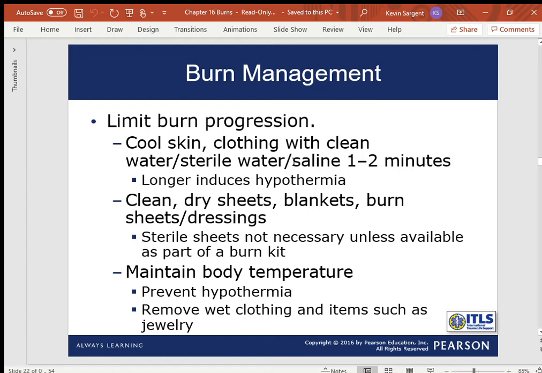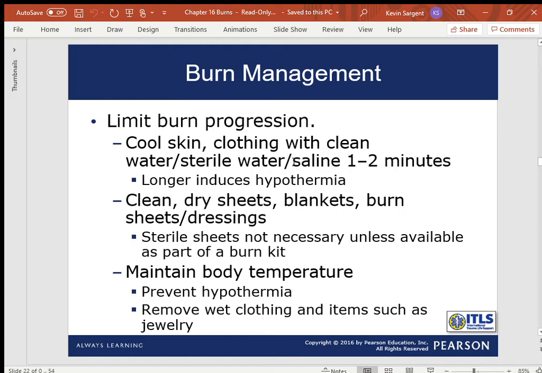You want to remove the clothing if at all possible, especially if you're dealing with a contaminant or a hazardous material. You want to remove the clothing, and don't forget to remove their boots. I've seen cases over the years where people have flushed a chemical by adding water to it. You should never add water to a dry chemical, actually activating the chemical, producing a heat source, and flushing it down into their shoes where they had burns of their feet.